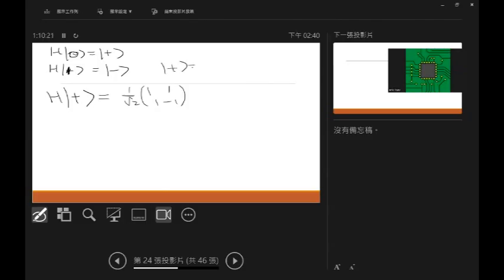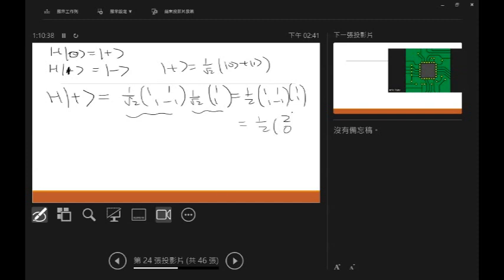Remember plus, right? Plus in terms is 1 over square root of 2, 0 plus 1. So you get 1 over square root of 2, (1, 1). So this is plus. And then there's a half, and you get (1, 1; 1, -1) times (1, 1), which is 1/2 of (2, 0). So it's (1, 0), which is 0. So this H on plus state will go back to 0. Okay. And it's easy to check that H on minus will go back to 1.